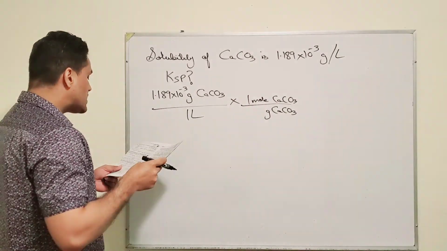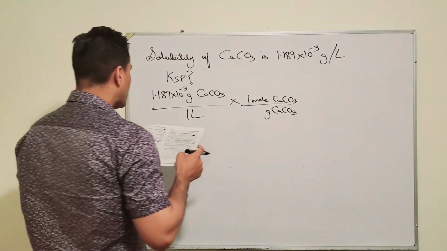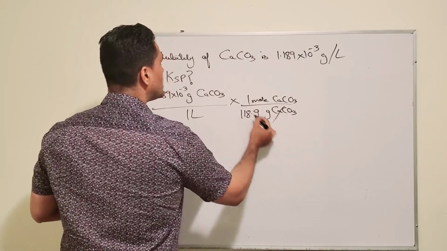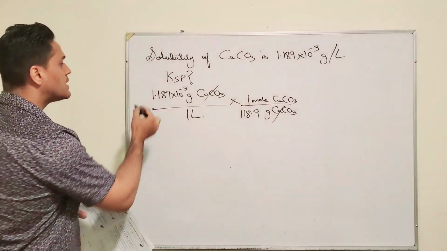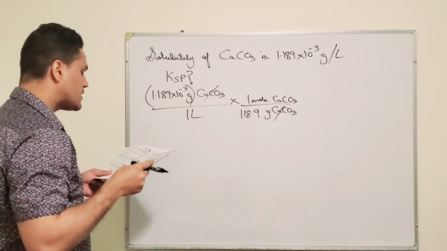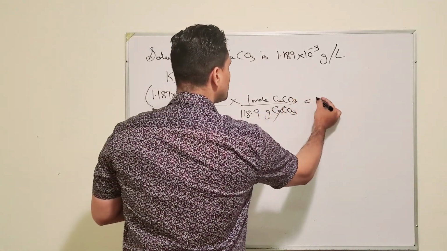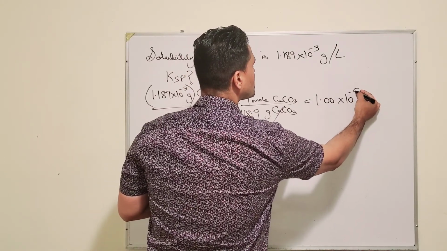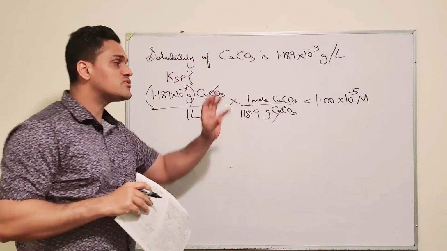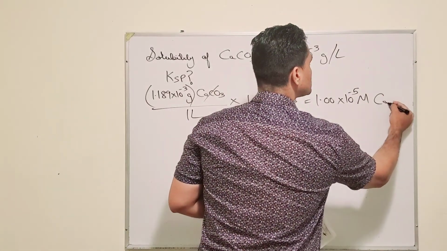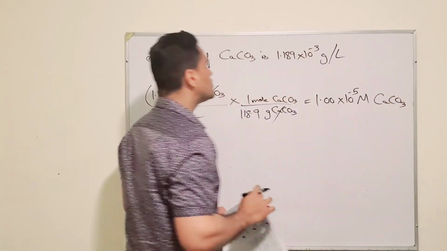I'll let you find that at your end. However, that's going to be 118.9. You're going to cancel out the grams. You're going to take this number divided by 118.9, and that should give you 1.00 times 10 raised to the power minus 5 molar. Now guys, that's the molarity for CaCO3, okay? That's your concentration of CaCO3.